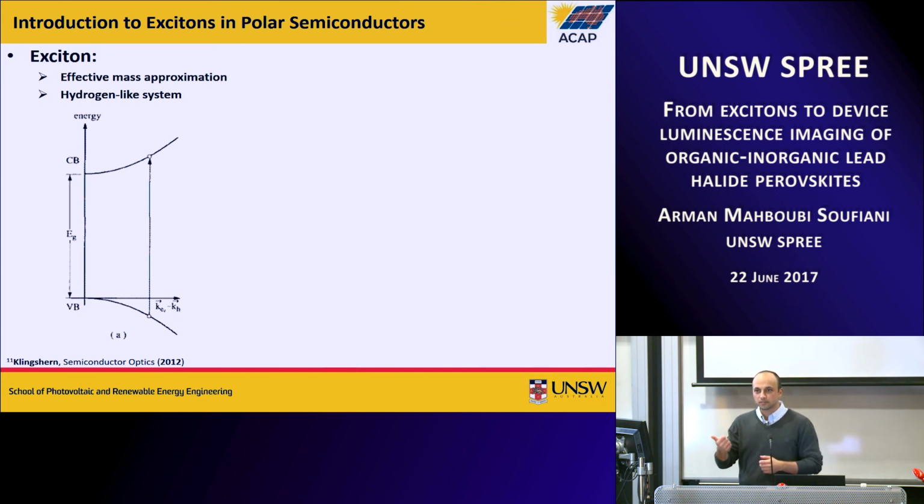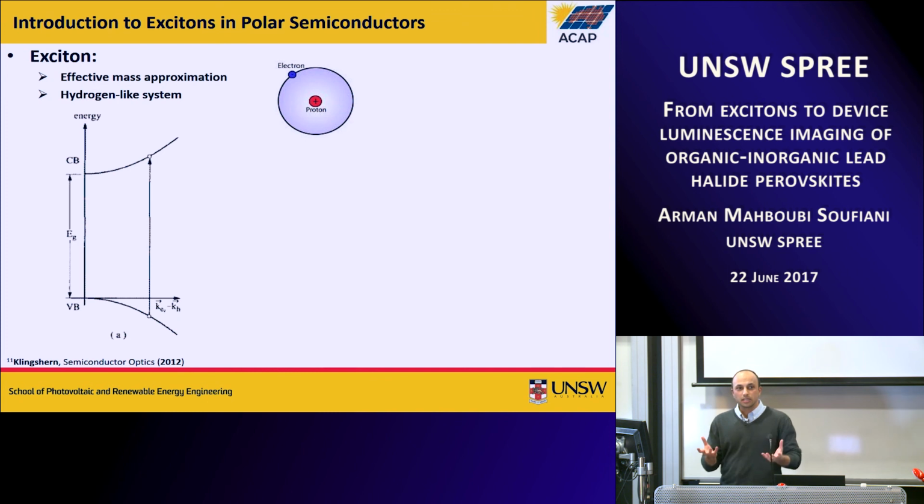The electron has negative charge, the hole has positive charge. They interact through Coulombic forces. Assuming the effective mass approximation, you end up in a hydrogen-like system where you have an electron going around a proton, right? And I'm sure that you remember 13.6 eV is the ground state energy of a hydrogen atom.